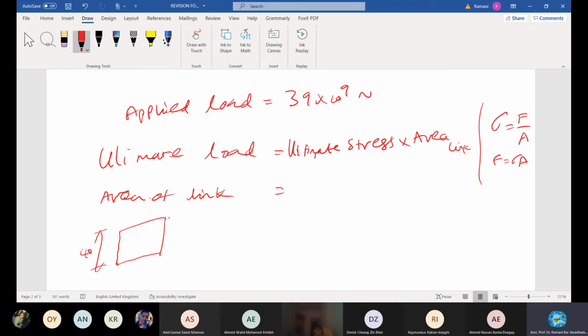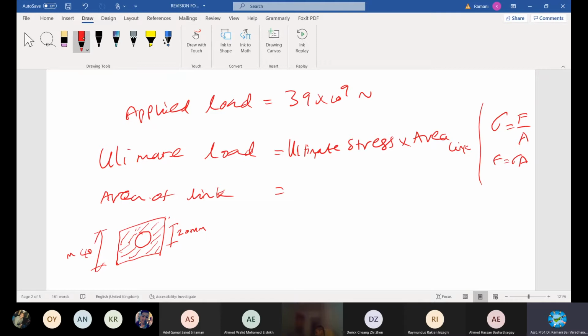Perpendicular, this one is 10. And then inside there is a pin, right? How much is the pin dimension? 20, right? So the area of the link that is contributing to this loading will be this much, isn't it? So I have to deduct this value.